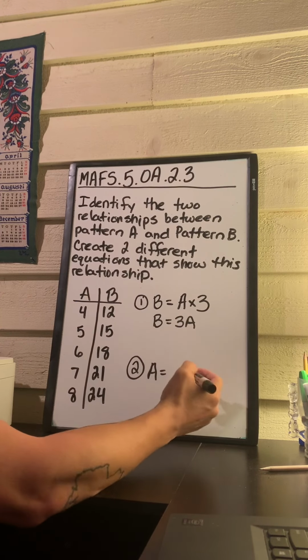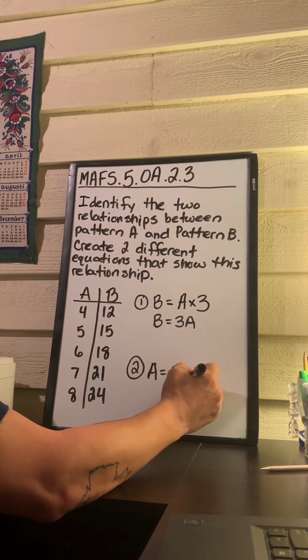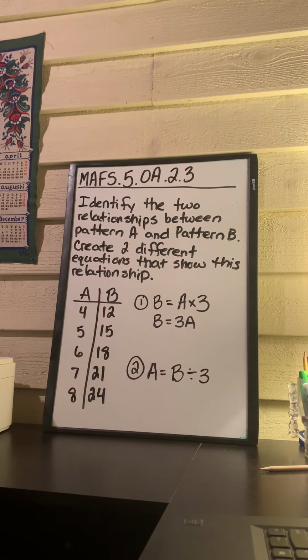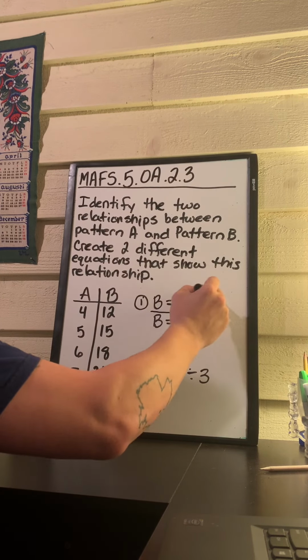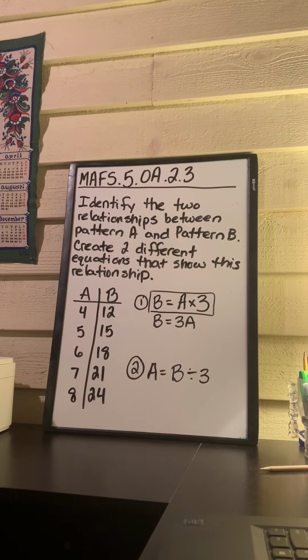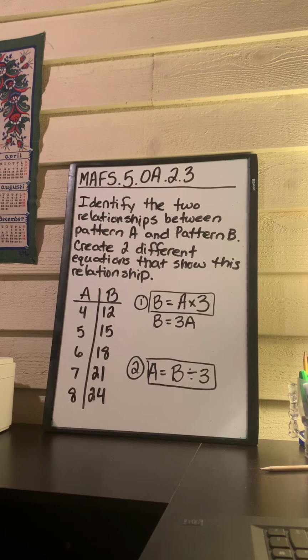So I get A by taking B and dividing by 3. Okay? So our two relationships that are equations would be, we get B by multiplying A times 3, or we get A by taking B and dividing it by 3.